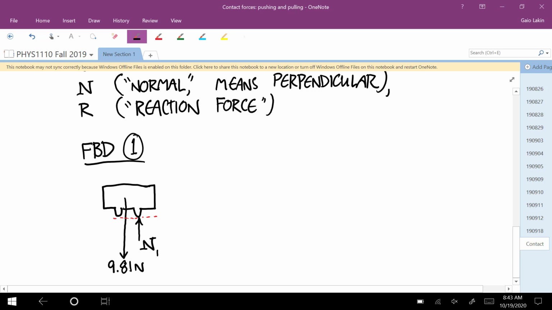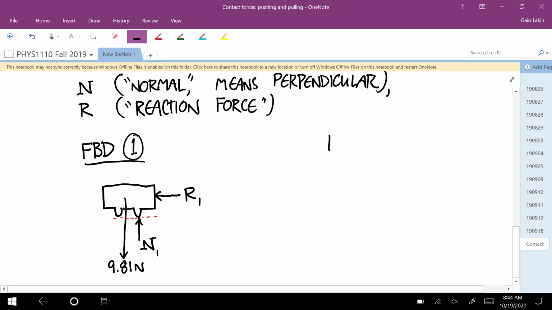So this force direction is perpendicular to the surface of contact, toward the chosen object, and I'll call this one R1. And that's it. If you keep going around the boundary, there's no contact with other things, so you're done. That's a complete free body diagram for the 1 kilogram cart.